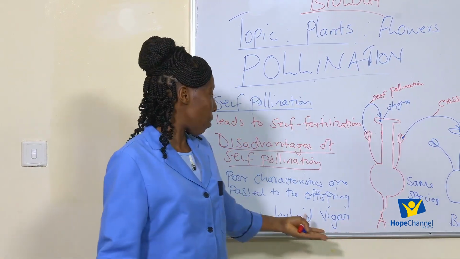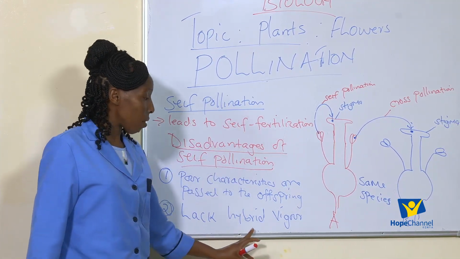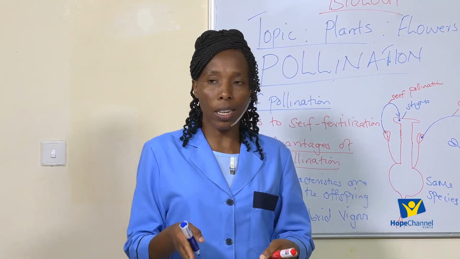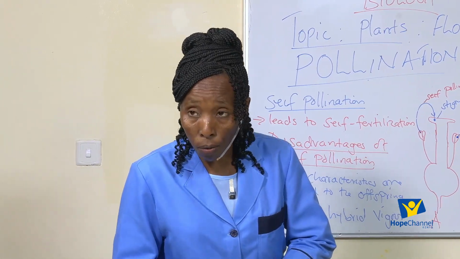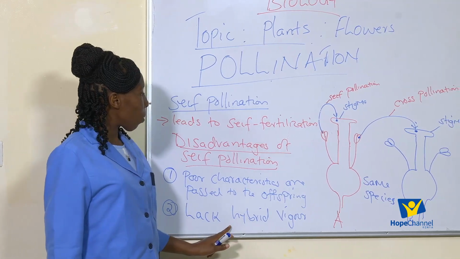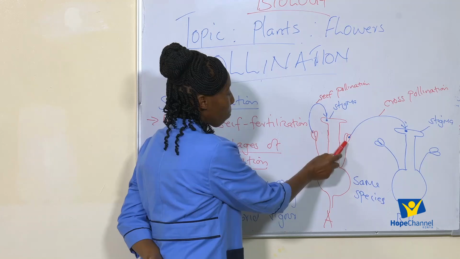But for plants that undergo self-pollination, they mostly lack hybrid vigor. They only retain the characteristics that they have. So those are some of the disadvantages of self-pollination.